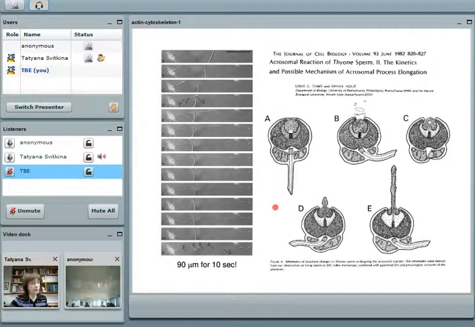So how did Tilney come to the conclusion that this acrosomal process growth is driven by actin polymerization? He just did very careful electron microscopy studies of acrosomal process growth after addition of calcium. So pretty much at the very beginning, when you see a quiescent sperm, you see all its parts. This is the flagellum, which moves the sperm.